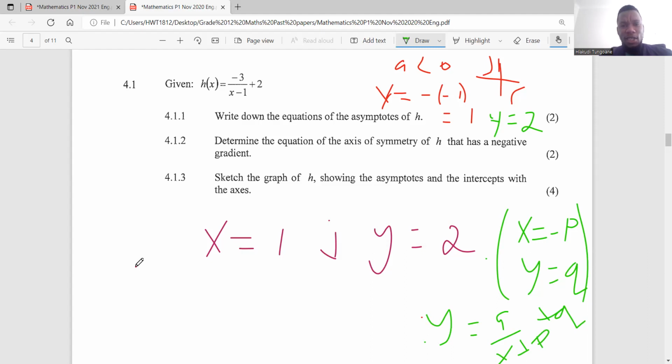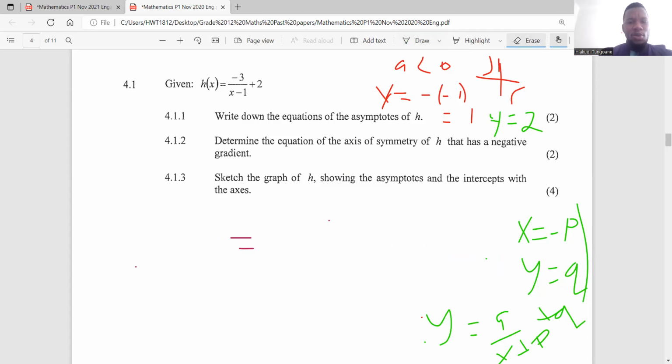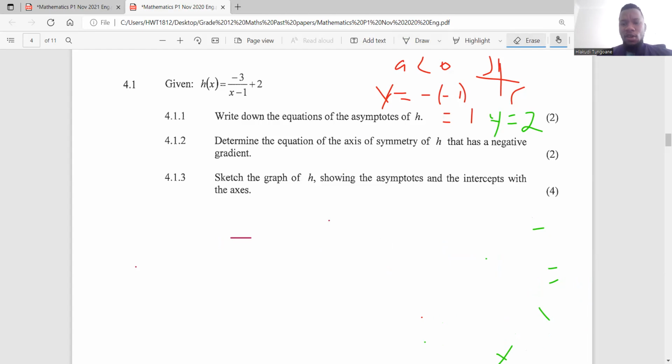And then they say determine the equation of the axis of symmetry of H that has a negative gradient. Okay, this is very interesting. Remember, we mentioned that there are 2 lines of symmetry for hyperbolic functions. One of them has a positive gradient and one of them has a negative gradient, right?